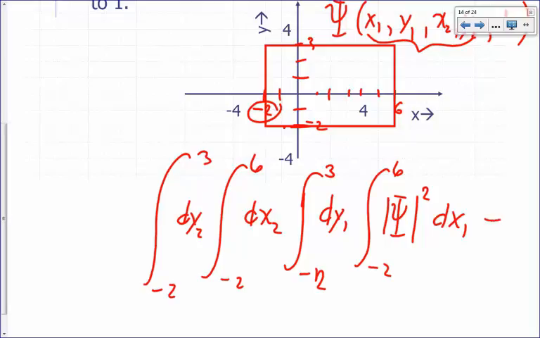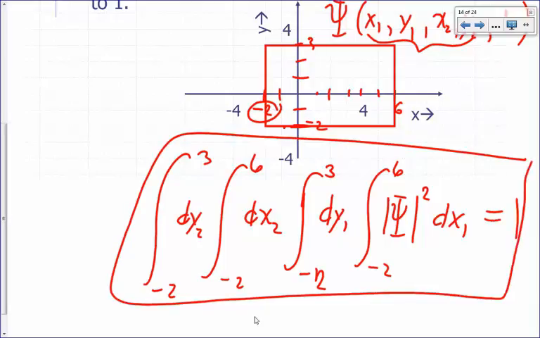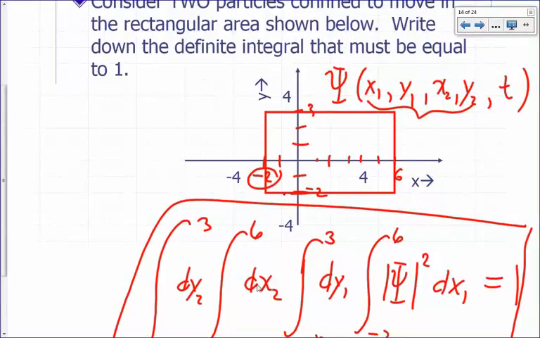And this entire expression must be equal to 1 if psi is normalized. The two particles are in this box right here, and this entire integral must be equal to 1.